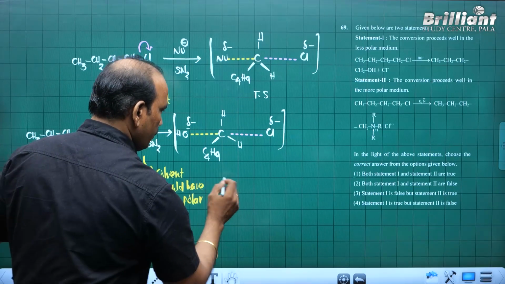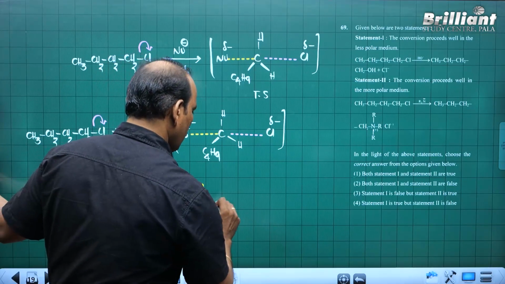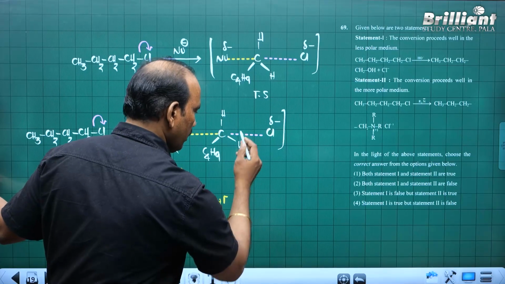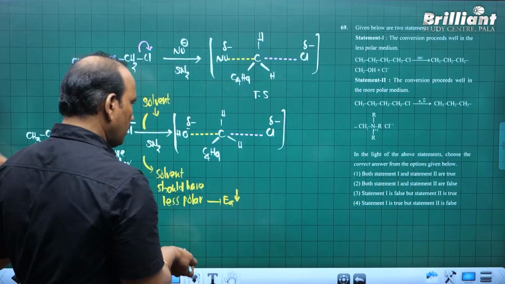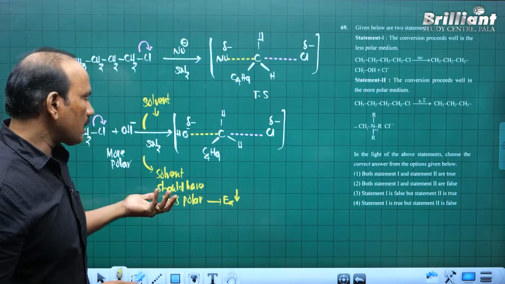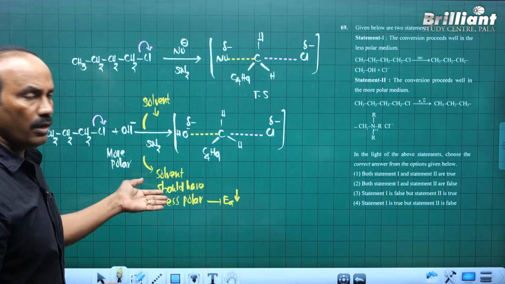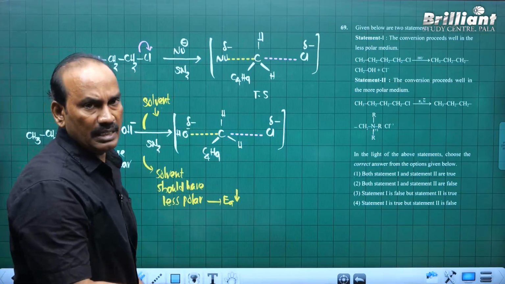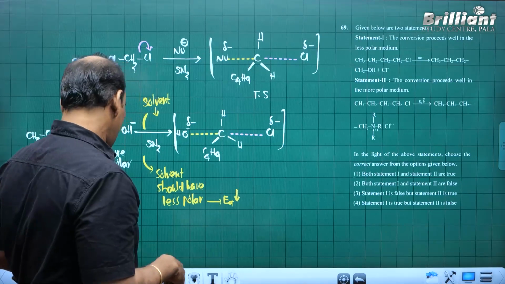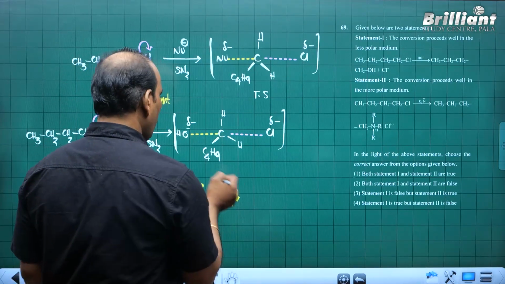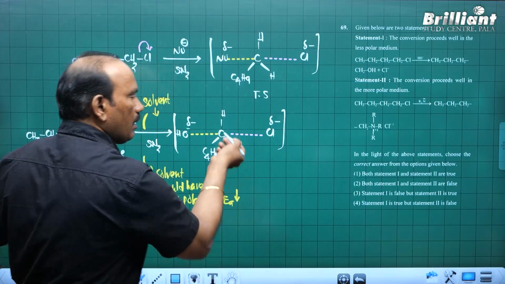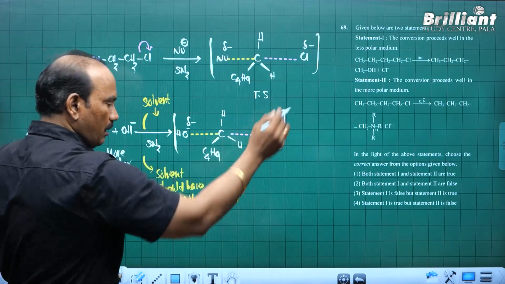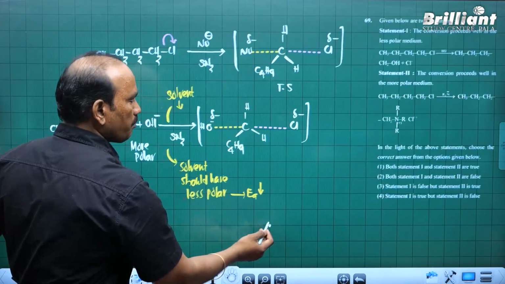Due to that, what happened? The activation energy decreases and stability increases. At the same time, if a polar solvent is used, it is already polar, with high polarity. That is why a less polar solvent is favorable. At that time, the stability of the transition state increases, which is favorable for the formation of product. Okay?